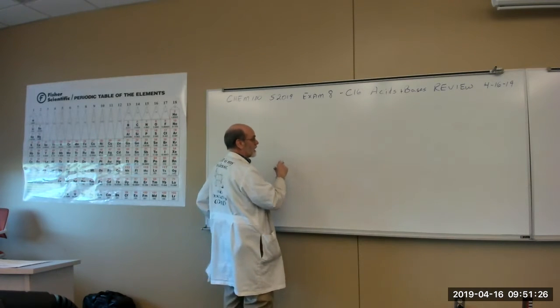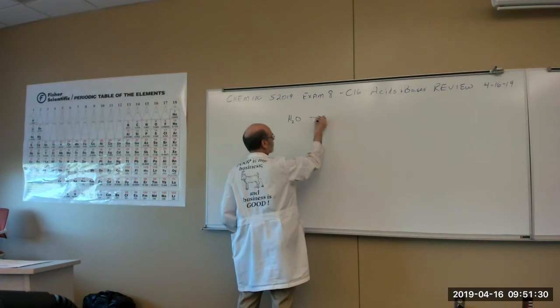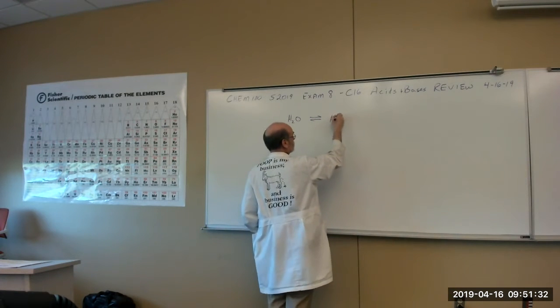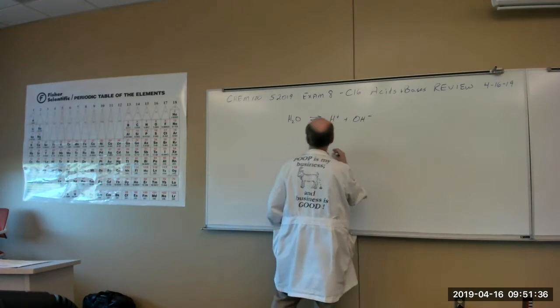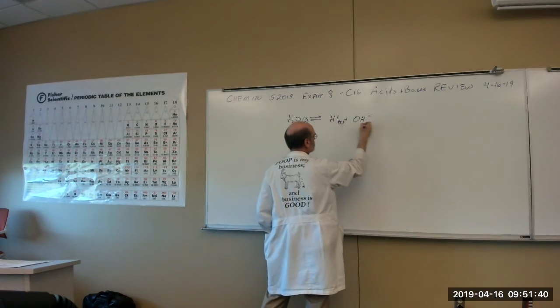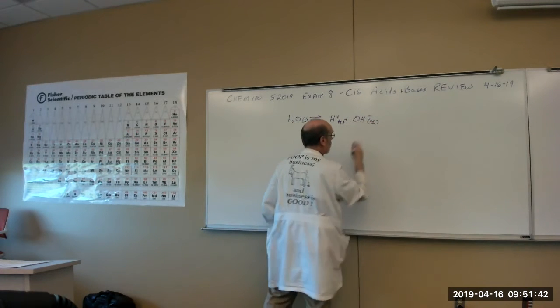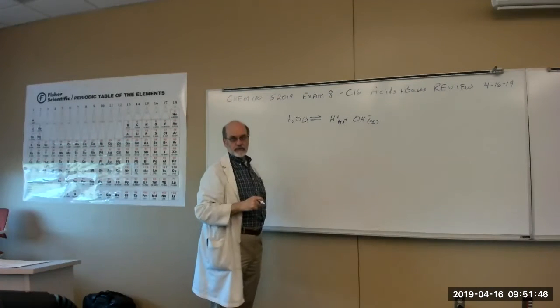Okay, when water dissociates, like I showed you before, this abbreviated version, like that. This is a pure liquid. These are aqueous. We can express these concentrations in terms of molarity, which is typical.